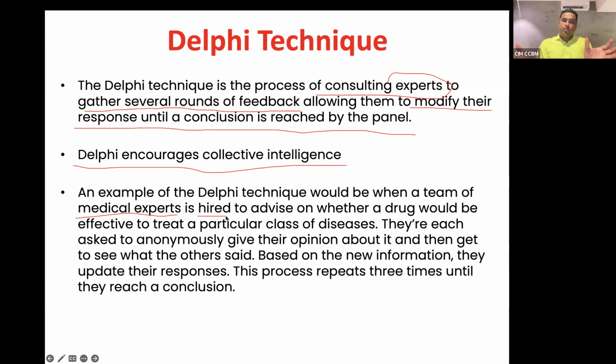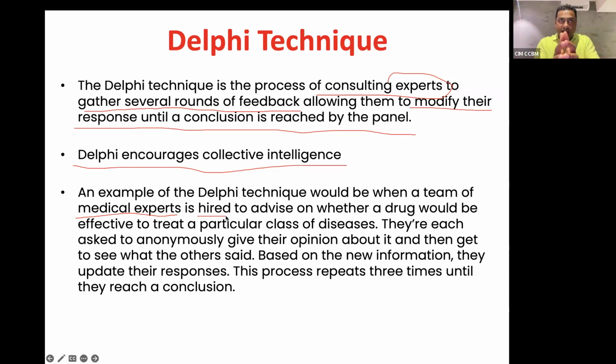And you bring them into a forum, and you ask them individual questions. Imagine 10 cardiologists. You ask them individual questions. And then you gather their individual responses. And then you put everything together.